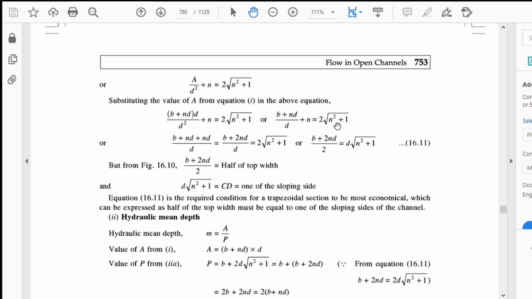Now you have to equate the denominator here. Multiply by D to this n on numerator and denominator, you will get ND divided by D. So you can simply add the numerator: B plus ND plus ND divided by D equals B plus 2ND by D. So this B plus 2ND by D should be equal to the RHS, that is 2 square root of n square plus 1.